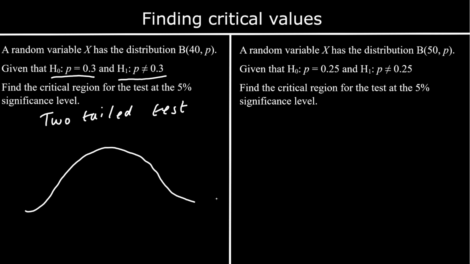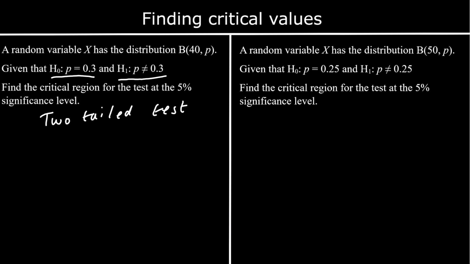If we've got a distribution that looks like that, we're going to split our critical region. So we're going to have 2.5% on each side. So in total, the critical region is 5%, but we're splitting it. So the most extreme 2.5% above and the most extreme 2.5% below.